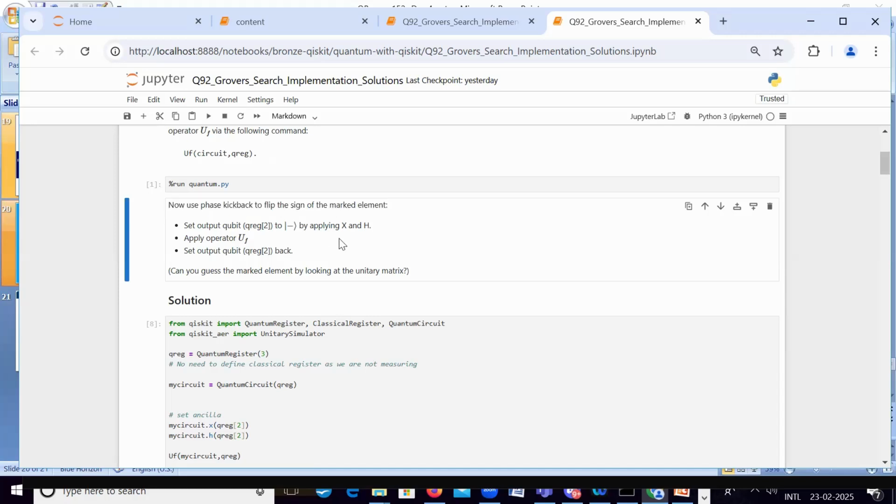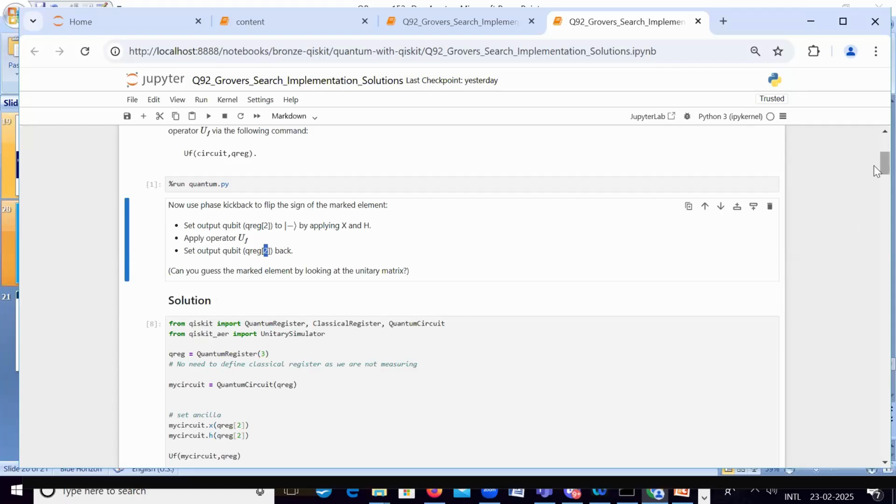Marked elements are the elements detected. Set the output qubit by applying X and Hadamard gates, then apply the oracle function here. Then set the output of the quantum register. Both are quantum registers here.